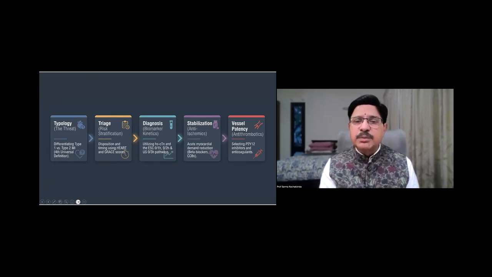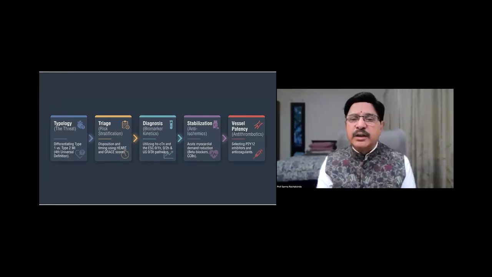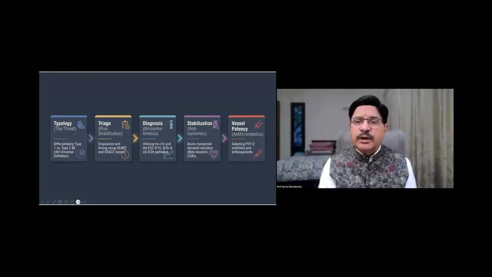Stabilization: anti-ischemics, acute myocardial demand reduction, beta blockers and then calcium channel blockers. Vessel patency to be established: antithrombotics, clopidogrel and other P2Y12 inhibitors, and anticoagulants.